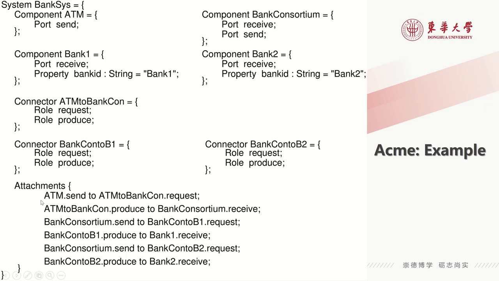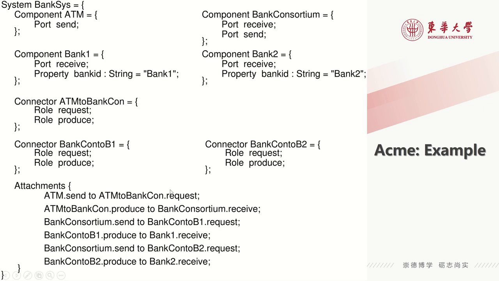Also in the attachment, for example, ATM.send is its port, attached to ATMToBankCon.request, a connector. So a port is linked to a connector, and this connector links to another port of another component.